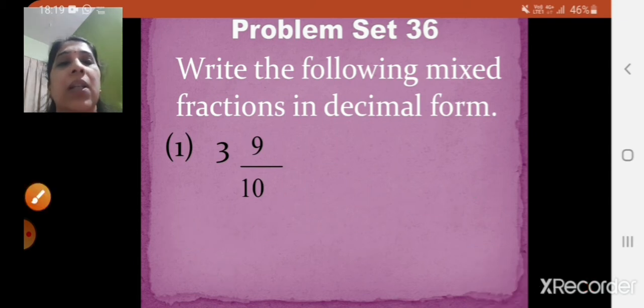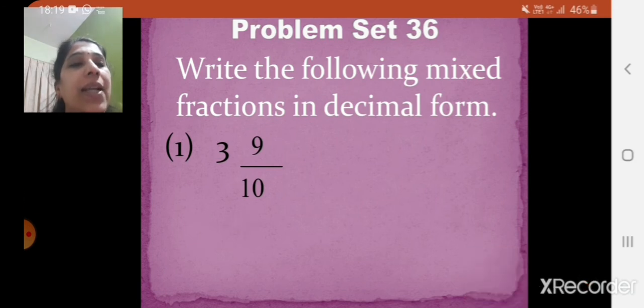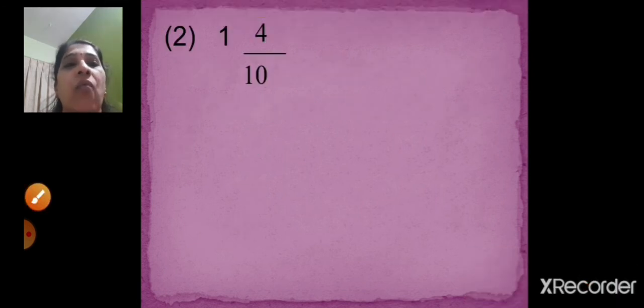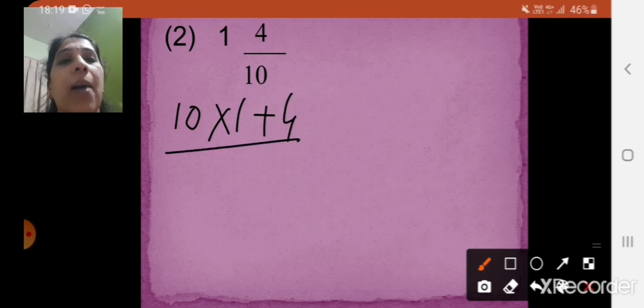Now the second method, 3 I will write as it is. 9 upon 10 means 1 zero in the denominator. So what will it become? 0.9. So I'll write 3.9, right? Now let's take the second example, 1 and 4 upon 10. So again what I will do, 10 into 1 plus 4 upon 10.